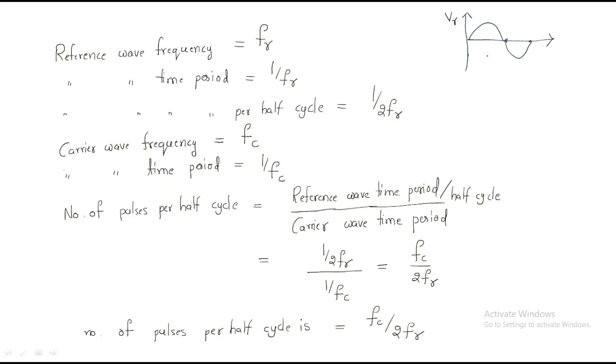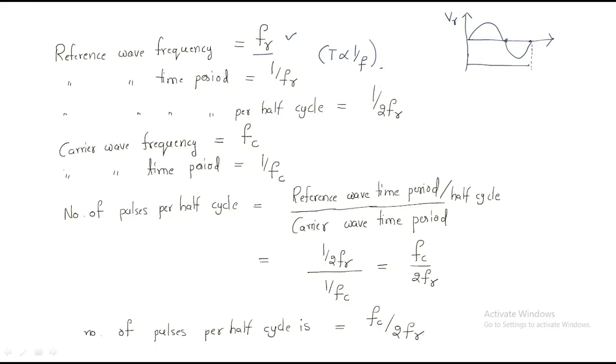Here, for example, this frequency is assumed to be FR. Understand? FR. And the time period equals 1 by FR. Why? The relation between time period and the frequency is 1 by F. Right. Reference wave time period for half cycle. For example, this is for the complete time period.